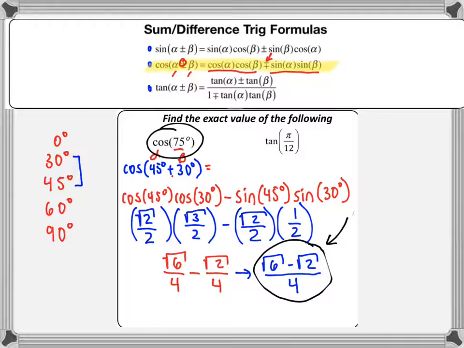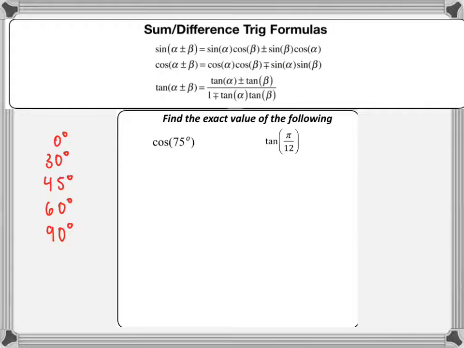Okay, so let's tackle this tangent of pi over 12 real quick. For pi over 12, we have to figure out how many degrees this is. When you have something in radians, it's tough for students to set up a sum or difference that really makes sense. So let's find out how many degrees this is.